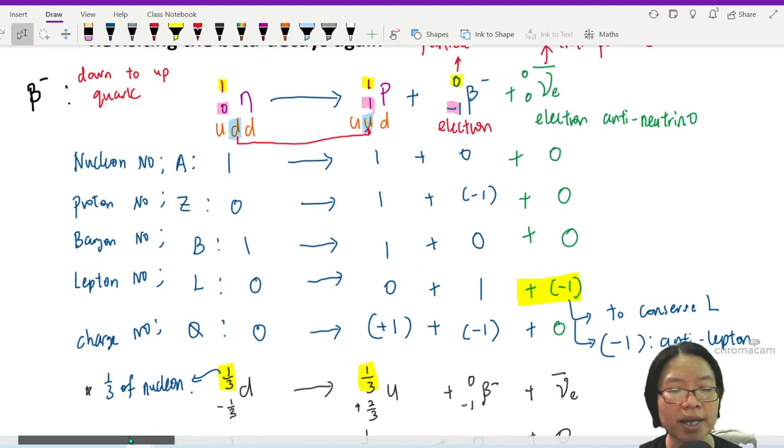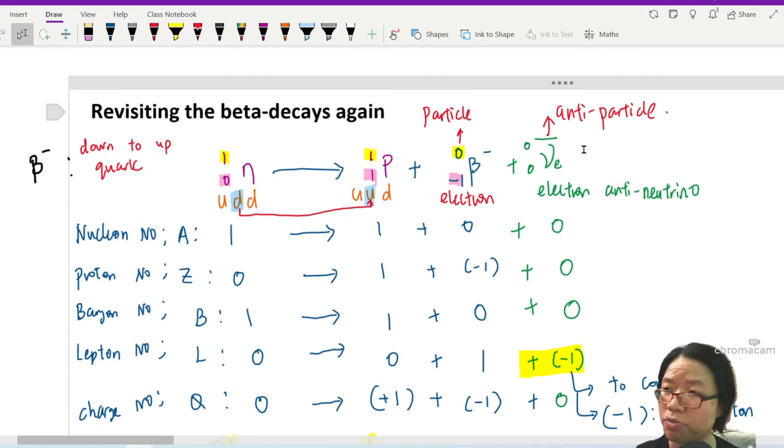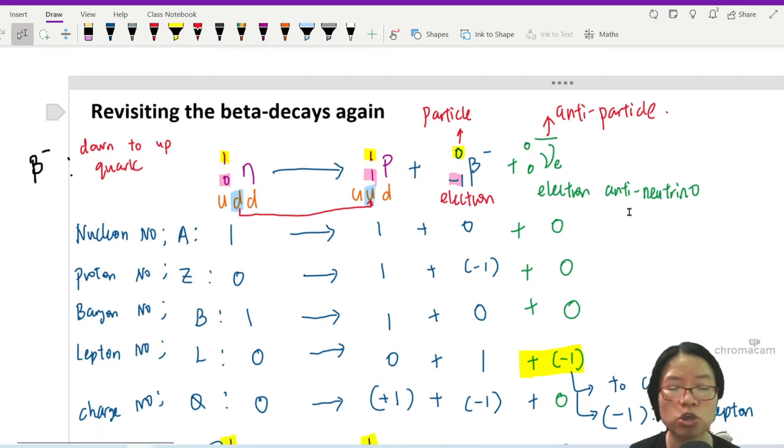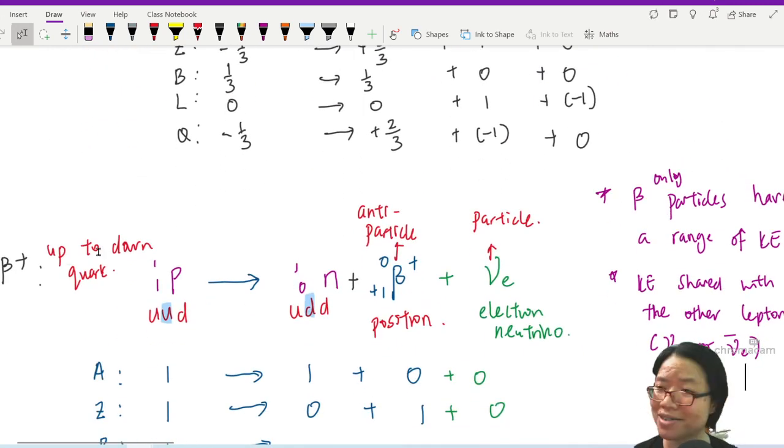And then finally, I've explained that because of the presence of this antineutrino to balance the lepton number, these two particles will share KE. That's why your beta has a range of KE. And when thinking about beta particle, think about particle-antiparticle combo, number one. Number two, sometimes you can be asked about the quark conversion. So for beta minus, down to up. For beta plus, up to down.